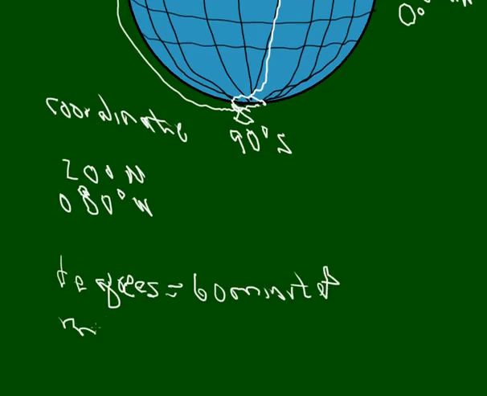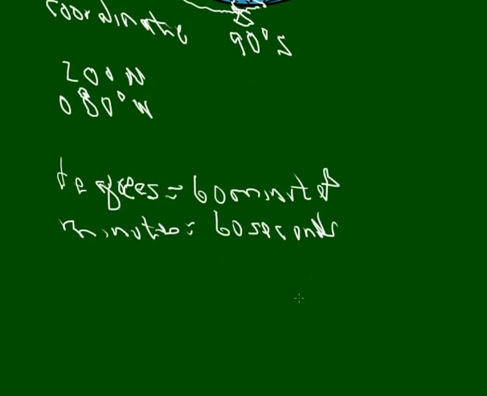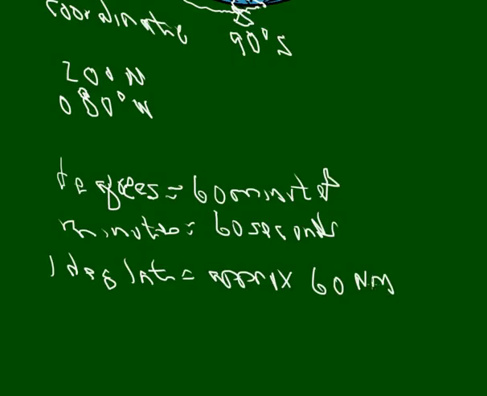And minutes are divided into 60 seconds. A degree of latitude, 1 degree of latitude equals approximately 60 nautical miles.